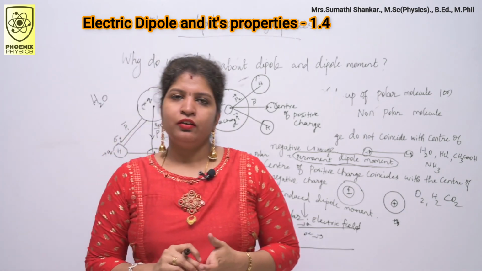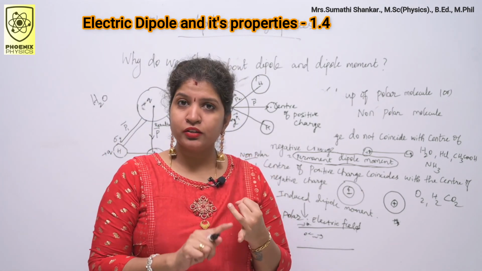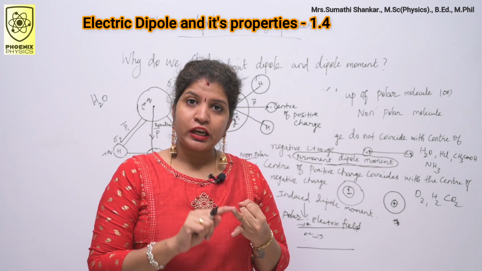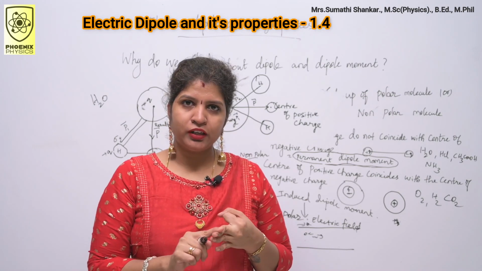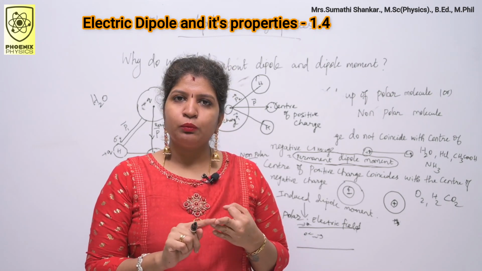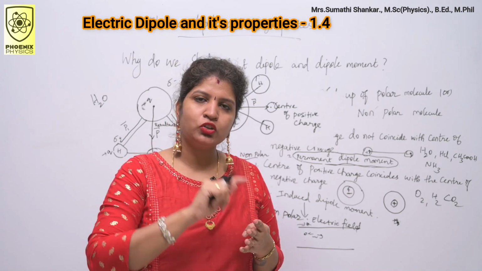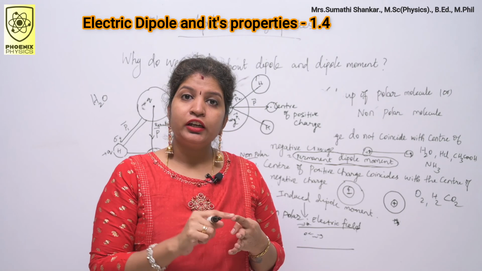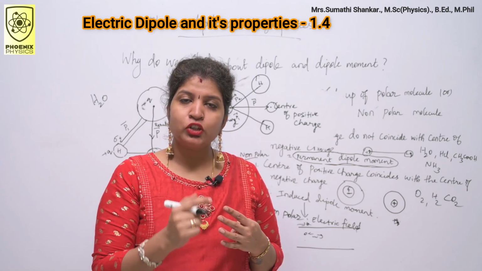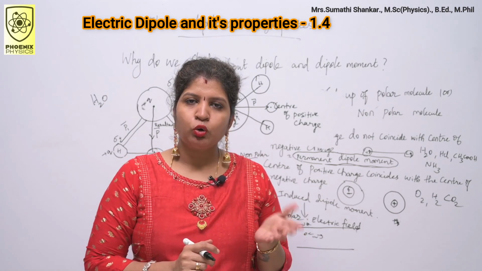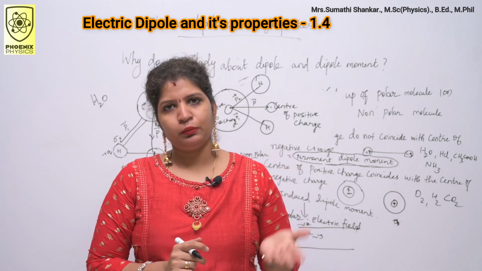In this class we have studied what a dipole is, then what dipole moment is and its properties. Then we studied the direction of dipole moment, that is pointing from minus Q to plus Q. Then we studied the unit of dipole moment, that is coulomb meter. We discussed the importance of dipole and dipole moment.